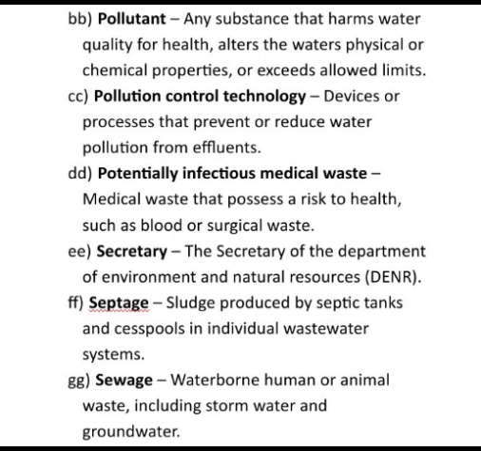Any substance that harms water quality for health, alters the water's physical or chemical properties, or exceeds allowed limits. And next, pollution control technology. Devices or processes that prevent or reduce water pollution from effluents. Pollution control technology is tools or methods used to reduce or prevent water pollution.